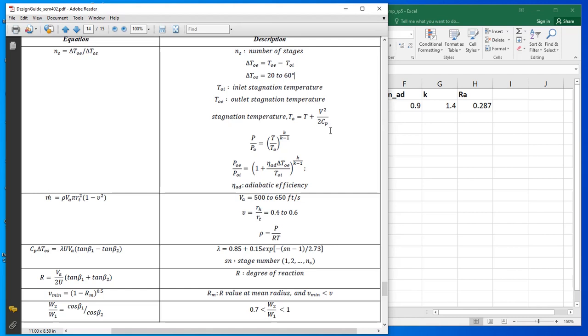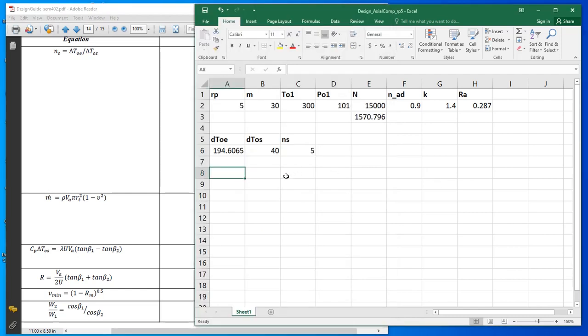So the very first thing we need to do is fix a V1, or we can fix V axial.